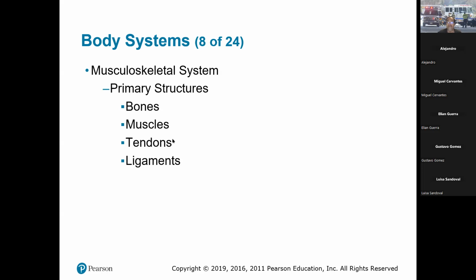And muscles are attached to bones through tendons. Okay? Muscles are attached to bones with tendons. Ligaments hold bones together. So again, muscles are attached to bones through tendons, and ligaments hold bones together, like your wrist bones.